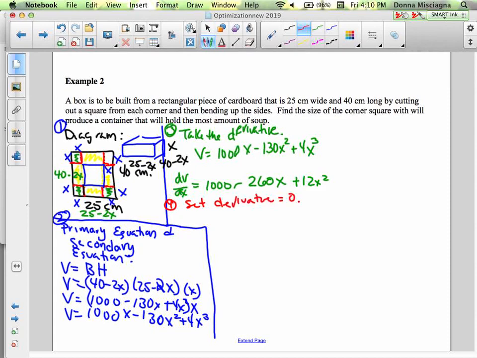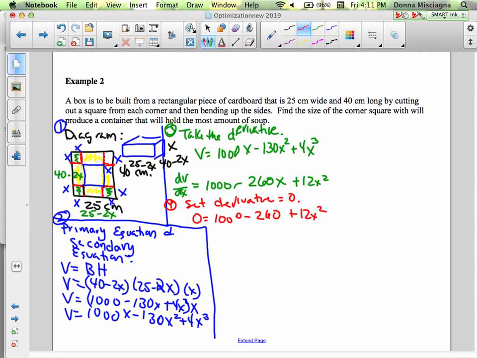All right, so we have 0 equals 1000 minus 260x plus 12x squared. I prefer the x squared be first. I also notice they're all at least divisible by 2, not 3. 260 isn't divisible by 3. How about 4? Yes, 4.